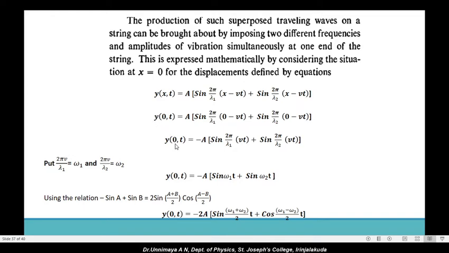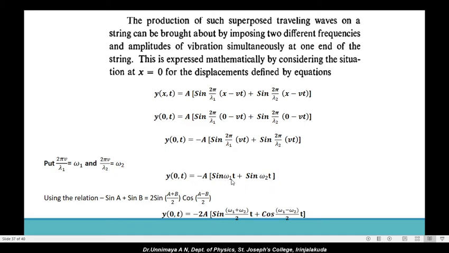So y(0, t) is equal to minus a, taking it outside from these two sine terms, minus a bracket sine 2 pi vt by lambda 1 plus sine 2 pi vt by lambda 2. Put 2 pi v by lambda 1 as omega 1 and 2 pi v by lambda 2 as omega 2. Then y(0, t) is equal to minus a (sine omega 1 t plus sine omega 2 t).